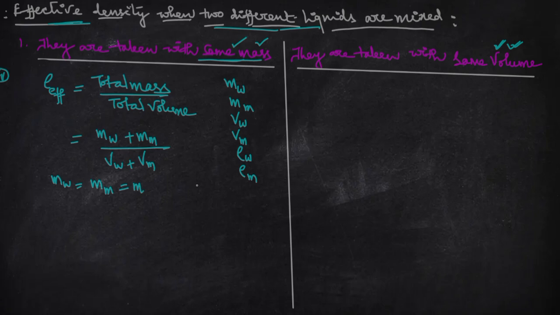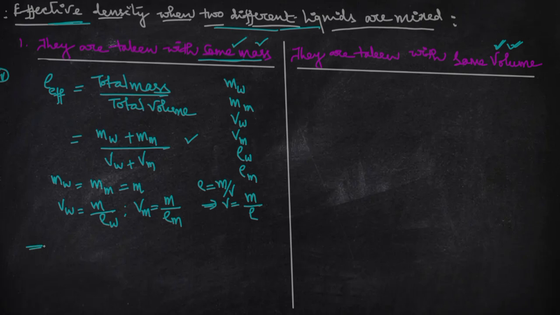And you have the basic formula rho equals M by V. From here I can write volume equals M by rho, mass by density. So Vw, the volume of water, is equal to M by density of water. And similarly Vm, the volume of milk, is mass of milk, here both are the same, by density of milk. I am substituting these two in this equation.